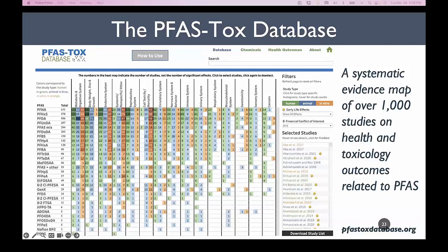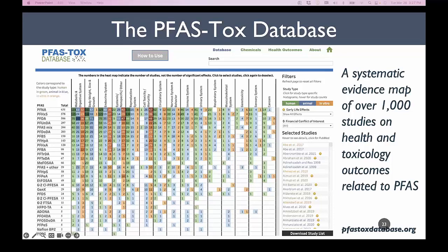It's a joint project between myself and collaborators at other institutions and was originally started by Katie Pelch and Carol Kwiatkowski at the former nonprofit, the Endocrine Disruption Exchange, or TEDX, and Anna Reed at the Natural Resources Defense Council. But it has since evolved and found a new home in the PFAS Project Lab at Northeastern University.